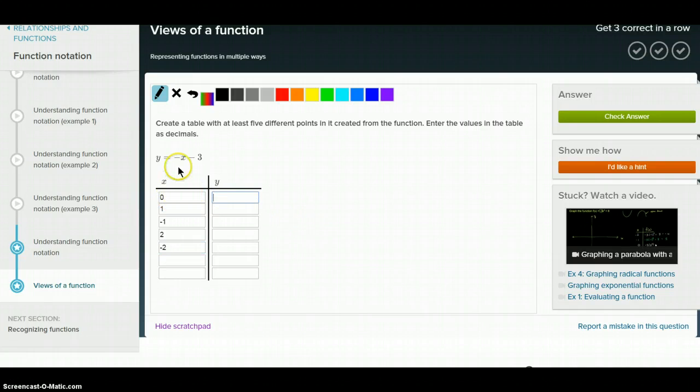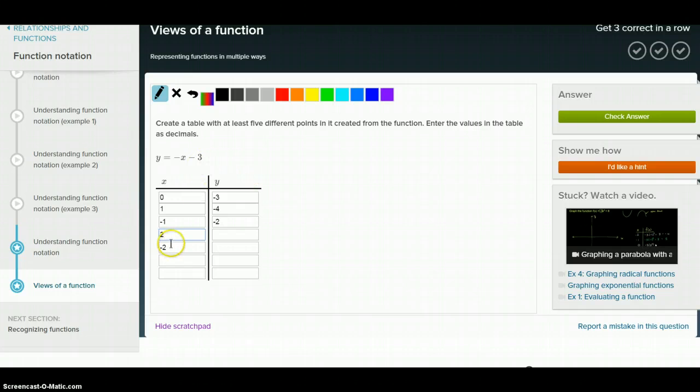So when x is 0, we have negative 0, which is 0, minus 3. So we have our y value there. And then for x equals 1, we have a negative in front, so negative 1 minus 3 is negative 4. And then x equals negative 1, so we have negative negative 1, which is positive 1, minus 3 is negative 2.